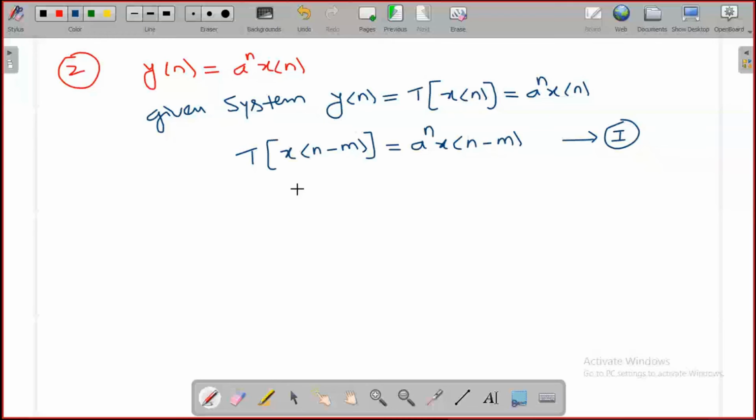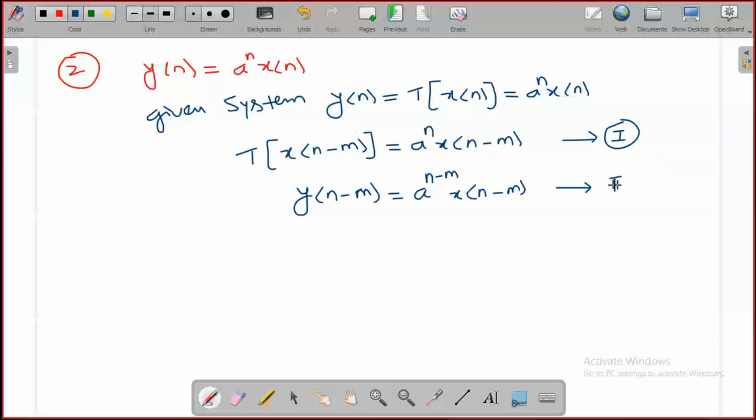Now find the delayed response y of n minus m. We are finding the delayed response, so in the given system, in place of n, write n minus m. So it is a power n minus m into x of n minus m.